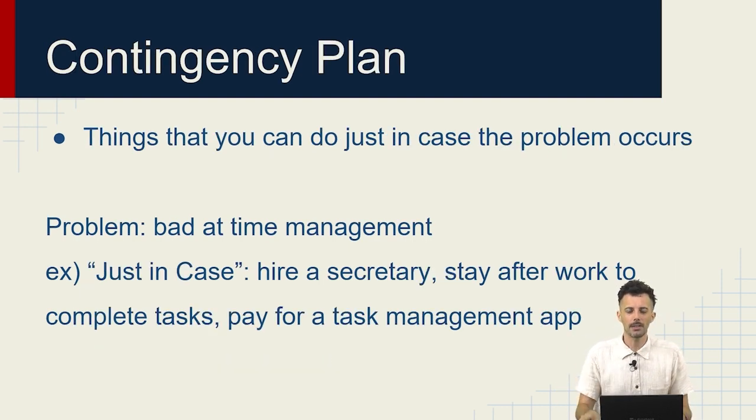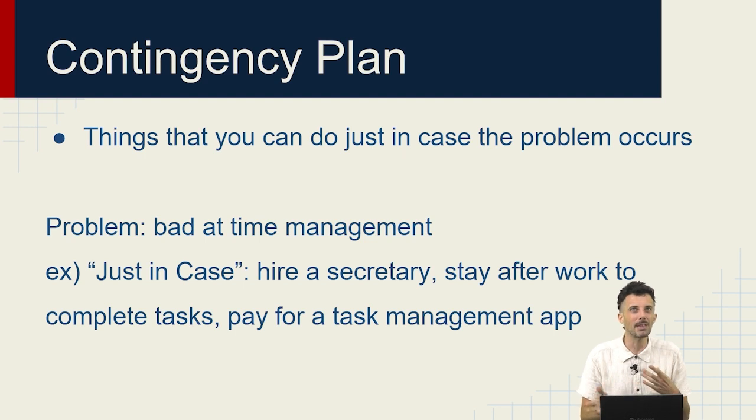And the next one is different. The contingency plan is quite a bit different from the preventative measures, because the contingency plan is just if the problem occurs. If the problem occurs, what can you do? What can you do that could cost you a little bit, but would make that problem go away?